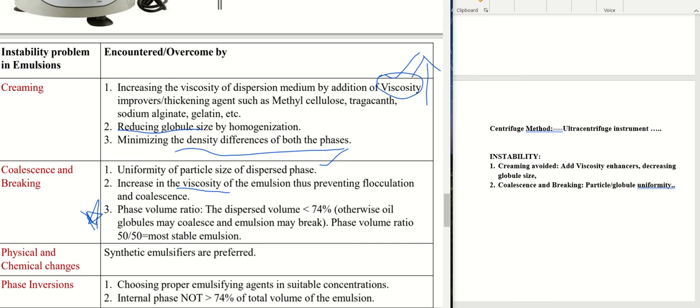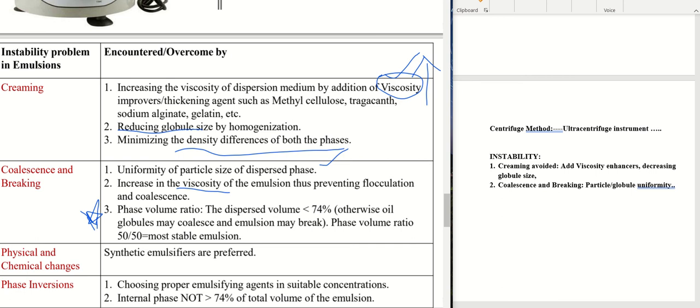We should always make sure that the dispersed volume, or the external phase, should always be lesser than or equal to 74%. It should not be more than that. But mostly, for the most stable emulsion, the phase volume ratio to be considered is 50:50.